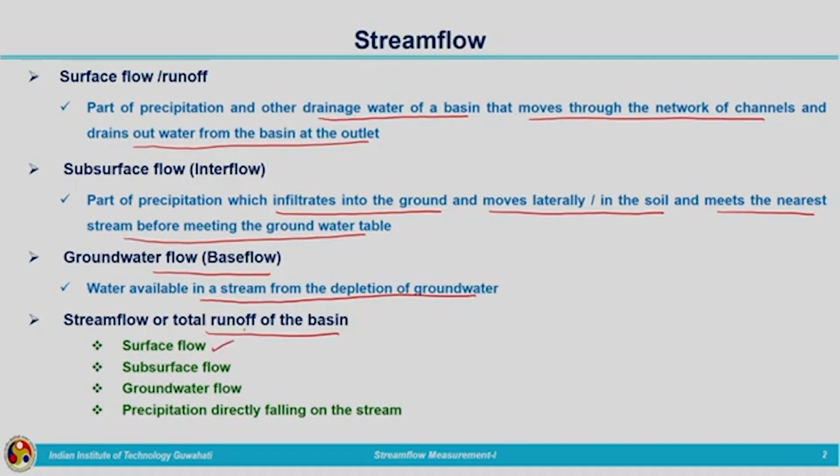That is surface flow, subsurface flow, groundwater flow and precipitation directly falling on the stream. So, the stream flow consists of the runoff, subsurface flow, that is the interflow, and groundwater flow, that is the base flow, and also the precipitation which is directly falling on the channel, together termed as the stream flow.